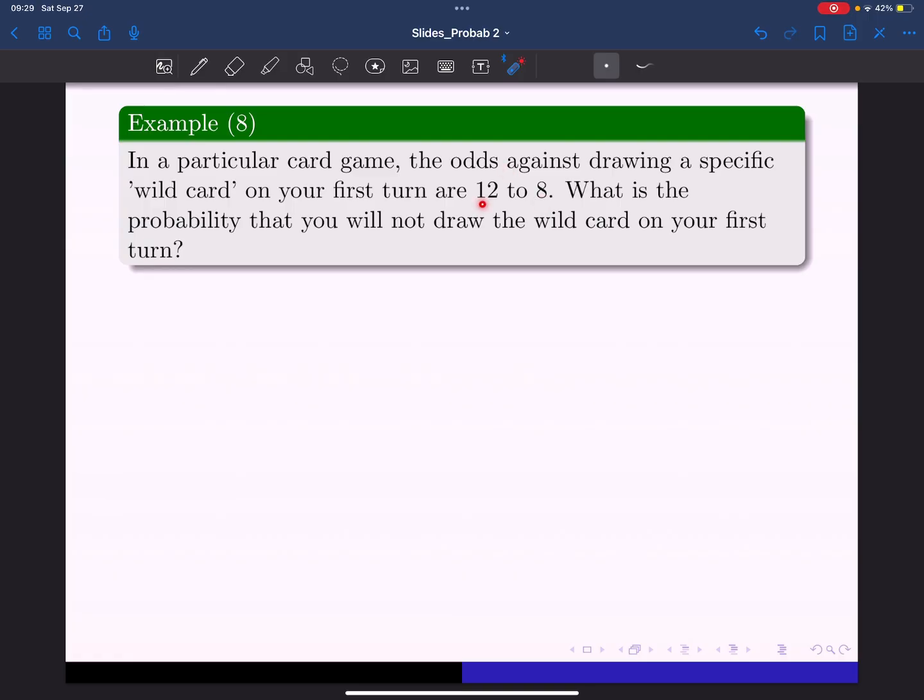That means you will not draw is 12 chances, and that you will draw is 8, because it's against drawing. 12-8 means that against drawing the wild card, the bad card, is 12.